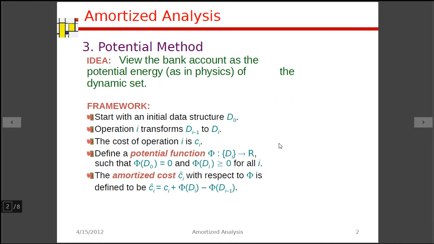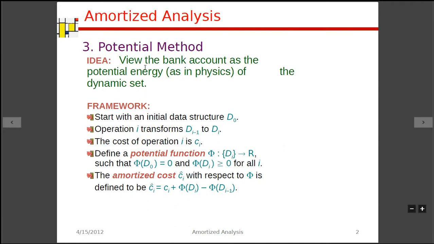Aggregate analysis calculates the average, accounting analysis calculates the balance for a particular transaction. But potential analysis is different from both of these. Potential analysis believes in identifying the capability of a particular transaction on the basis of transaction history. Let us see in depth how exactly the potential method works.